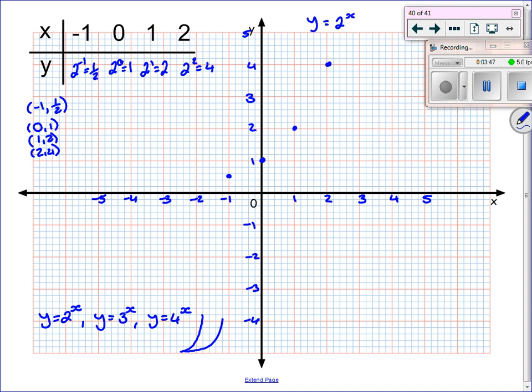So this graph looks something like this. Apologies for my dodgy graph drawing here. So that's a graph of y equals 2 to the power x.